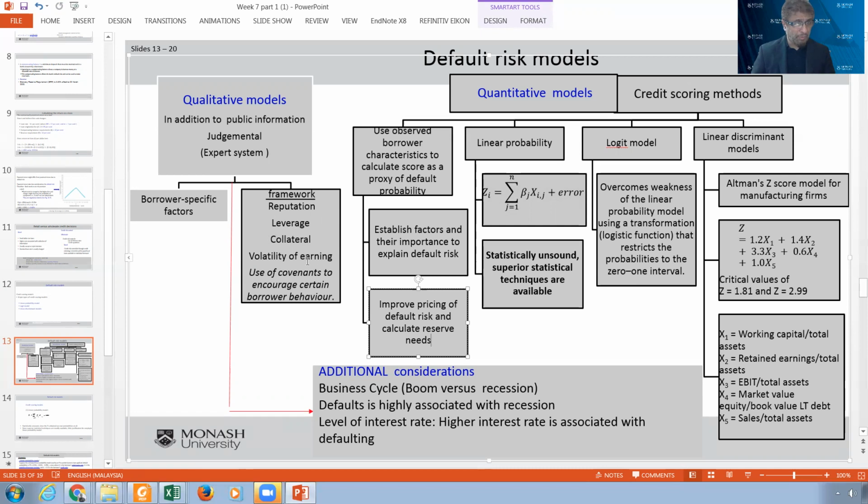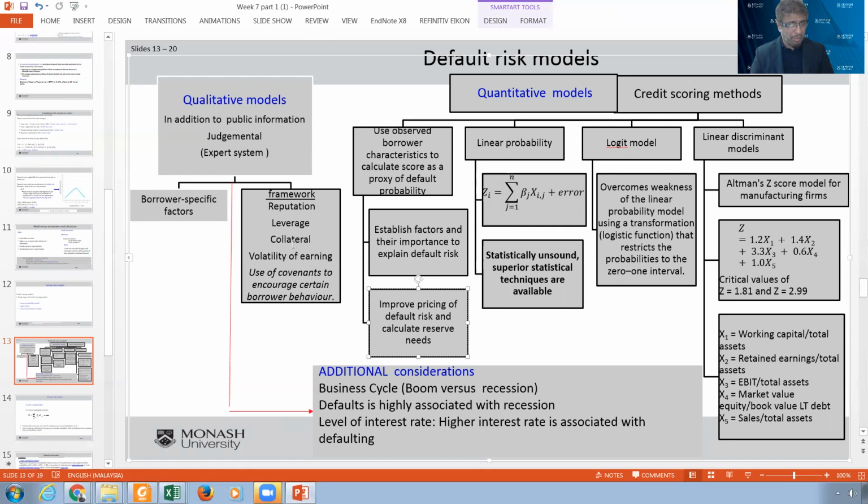We also have to consider the volatility of earnings. And we also have to use some types of covenants, which means conditions to encourage certain borrower behavior. For example, I can agree with the customer that their leverage should not be increased and should be kept within a certain level in the contract, so they cannot take loans from other banks or issue other bonds in the markets that will increase their leverage. This is one of the conditions that you can use from the qualitative part.